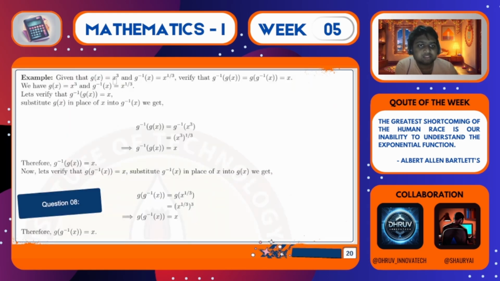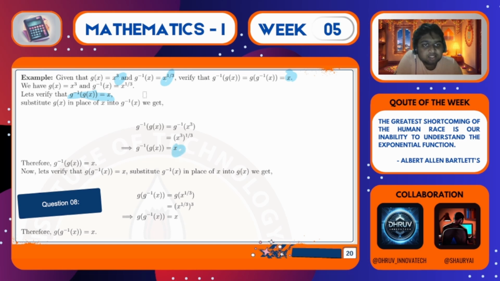Here we are given g(x), which is x cubed. Then we are given g inverse of x, which is x raised to 1 upon 3. Then we are told that g inverse of g(x) is equal to g of g inverse of x, which gives x, meaning these functions are reversible. Next, we have to verify that g inverse of g(x) is equal to x. So in this way, you can simply keep substituting.